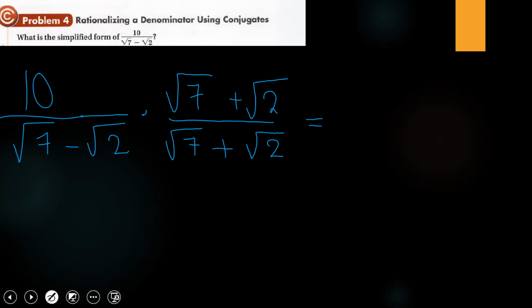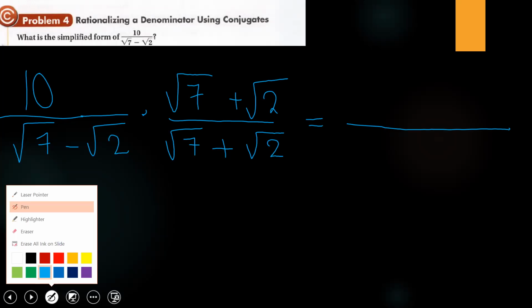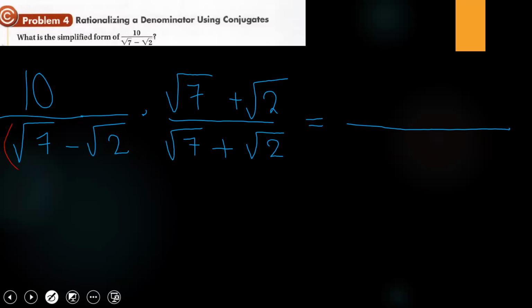Then after that, now come to the denominator. As I told you, if you have two conjugates, the product of them will be the square of the first term minus the square of the second term.